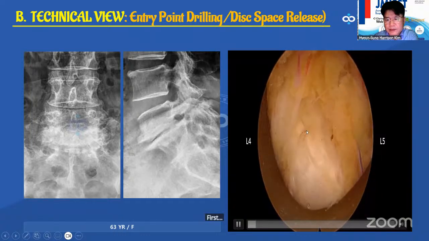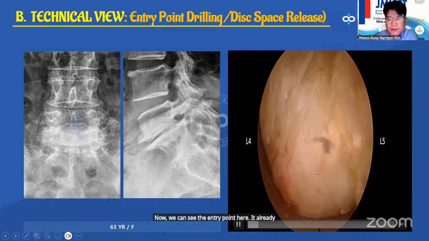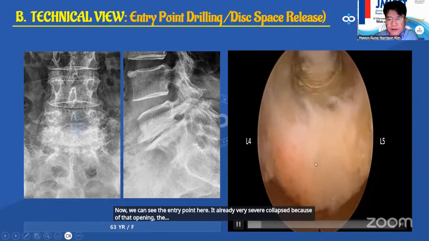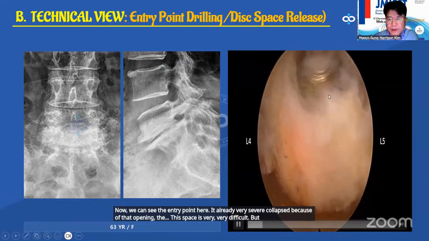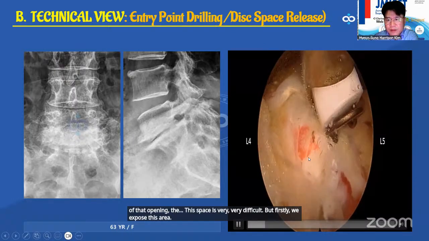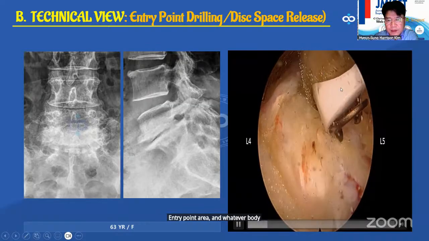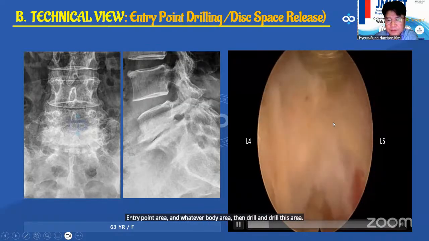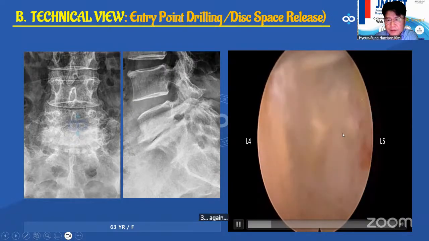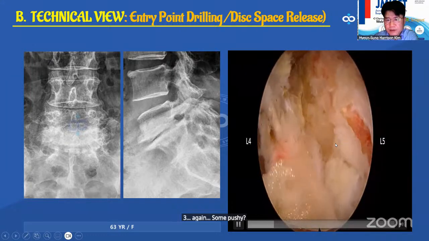Now we can see the entry point here. It is already a very severe collapse, so the opening of this space is very, very difficult. But firstly, we expose this area, the entry point area and the end plate, whatever body area. Then drill and drill this area. Drill again. Some pushing. Drill again. Some pushing.